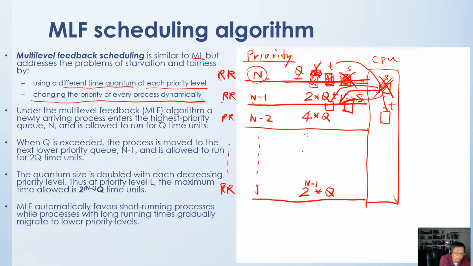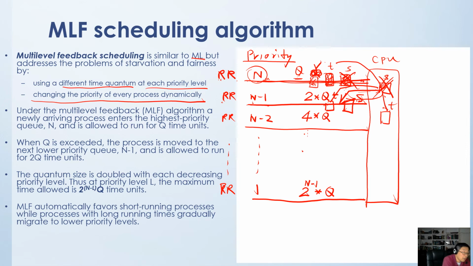So every time a process is created, it will be placed at the highest priority level queue, that's priority level n. Once it runs at level n one time using round robin, if it still has remaining work, the remainder is placed in the second level priority queue, that's n minus 1.